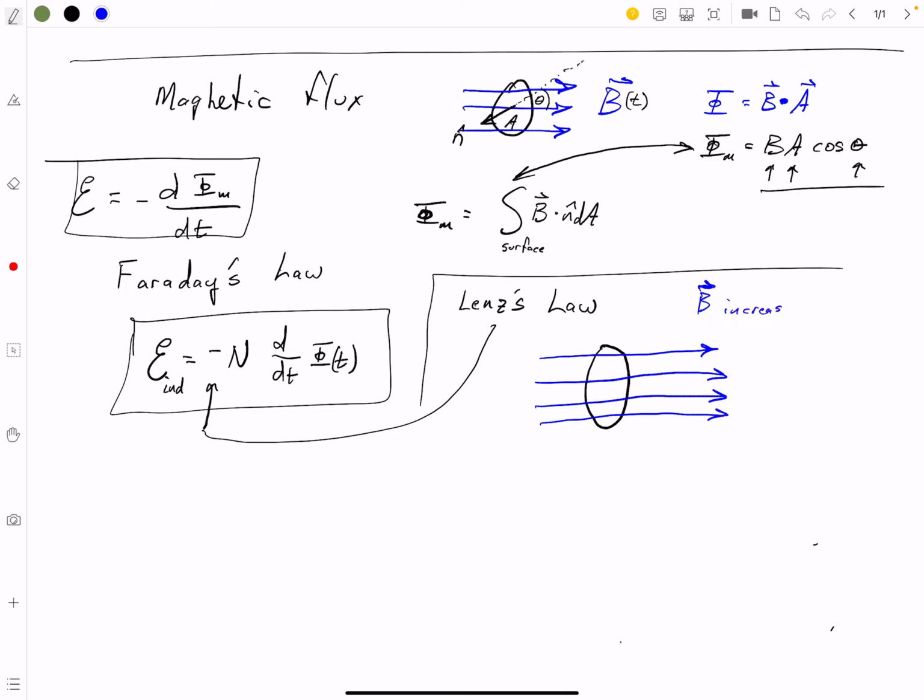Straight up, the B field is increasing. There's no other things happening. A is not moving, A doesn't change. We're just going to make the B field increasing. So our phi is increasing with time. So our d phi dt is greater than 0, because we're increasing.